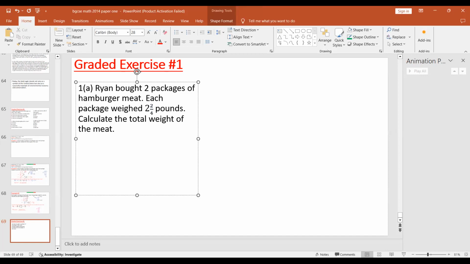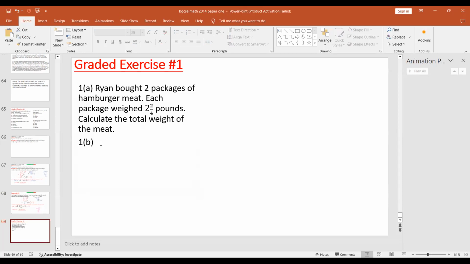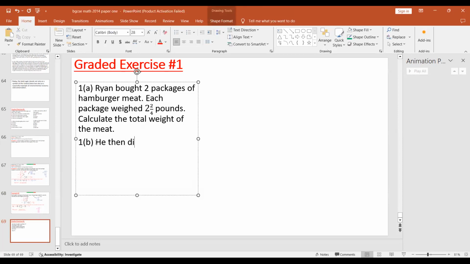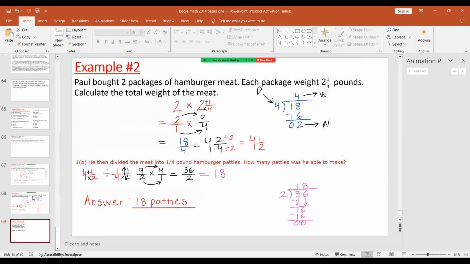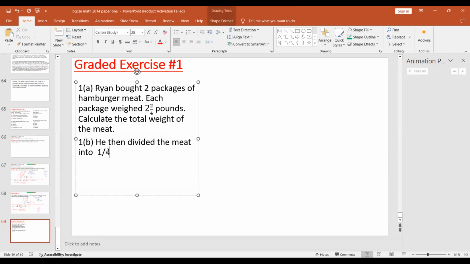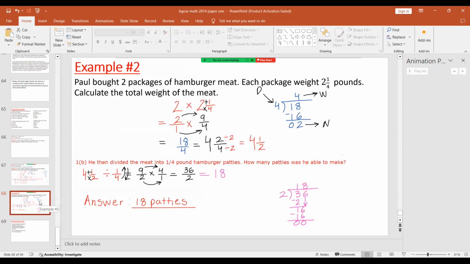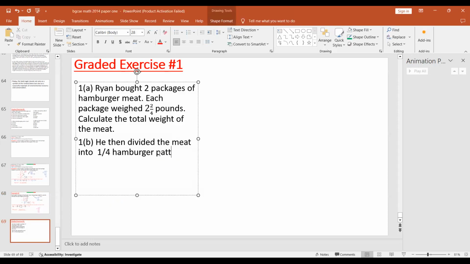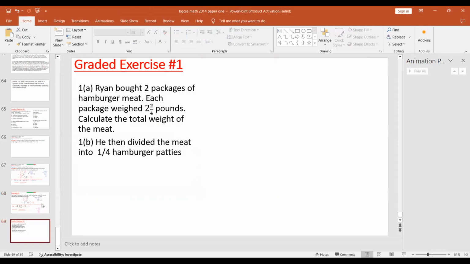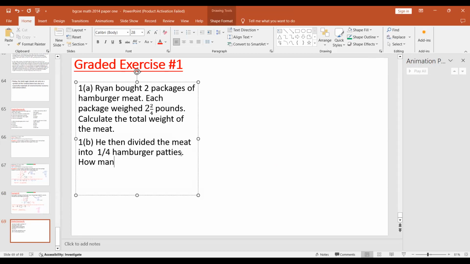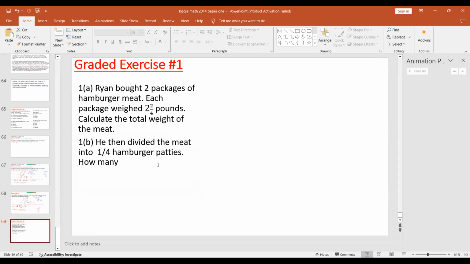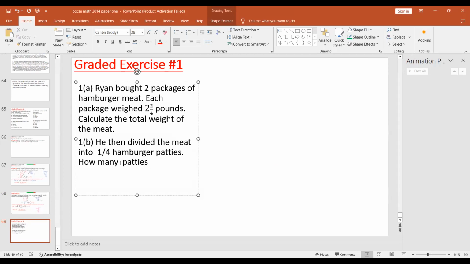And 1B says he then divided the meat into 1/4 hamburger patties. How many patties was he able to make?